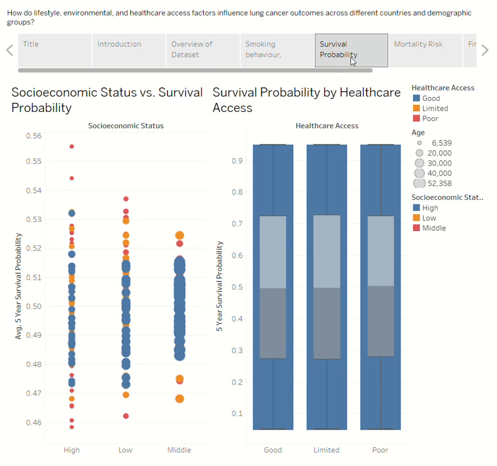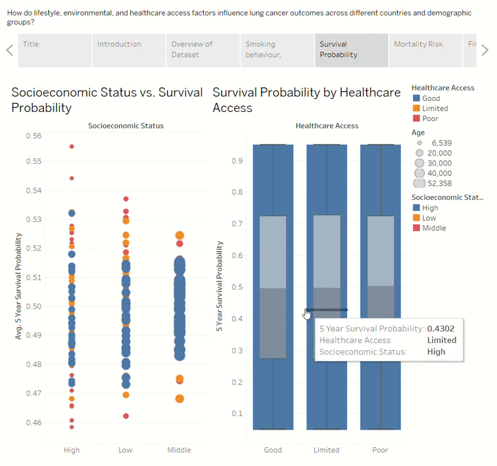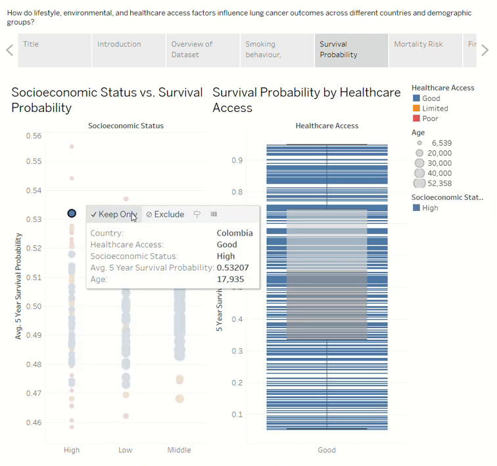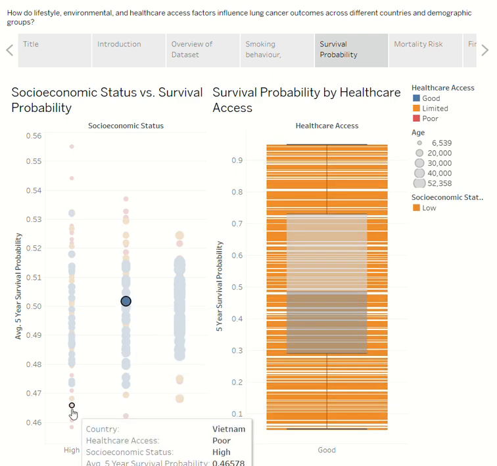The socioeconomic status versus survival probability scatter plot showcases that higher healthcare access increases 5-year survival probability. Middle socioeconomic status has a limited variance in survival compared to high and low categories of the same. This is how the interactivity works.